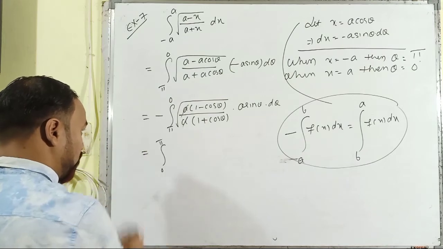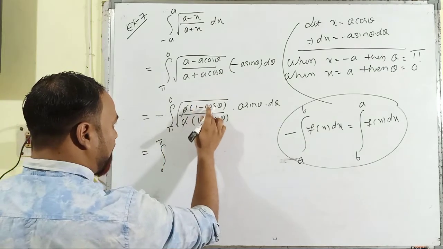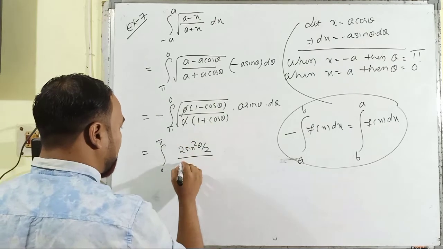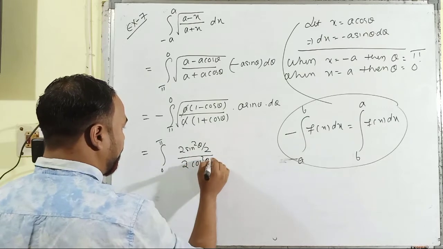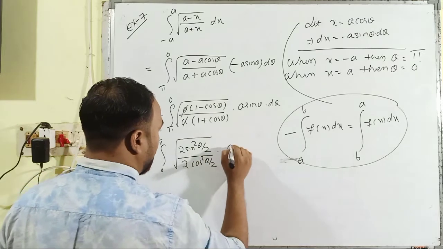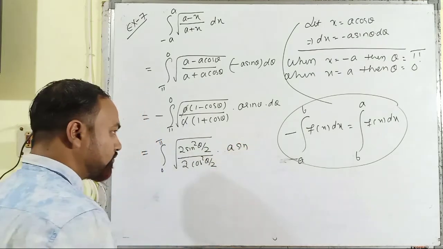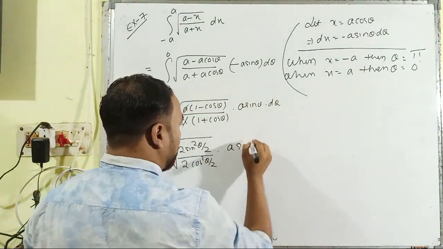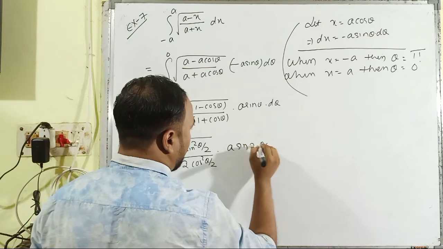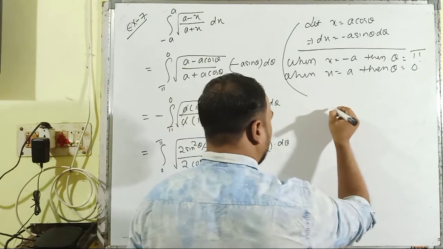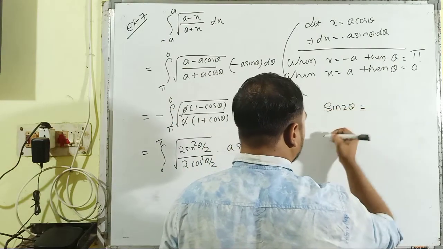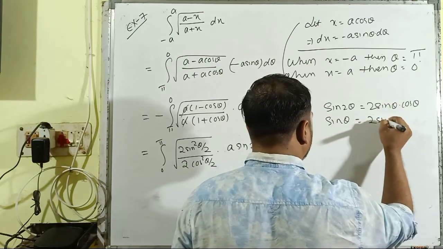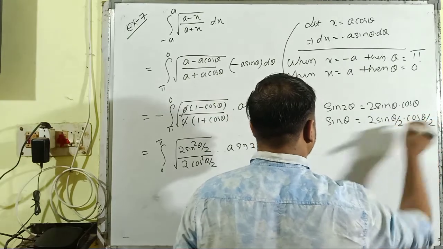That means it will be from 0 to pi, and the value of 1 minus cos theta is 2 sin square theta by 2, and 1 plus cos theta is 2 cos square theta by 2, and its square root, and here it is a sin theta, because we know that sin 2 theta is equal to 2 sin theta into cos theta, and sin theta is equal to 2 sin theta by 2 into cos theta by 2.